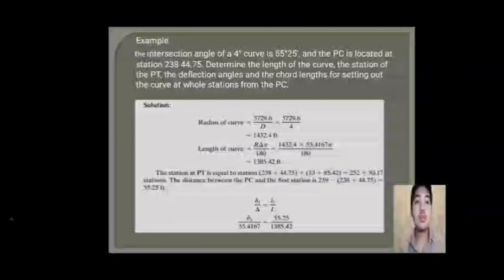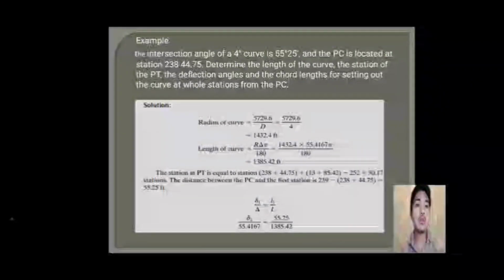The station at PT is equal to station 238 plus 44.75 plus 13 plus 85.4, which equals 252 plus 30.17 stations. The distance between the PC and the first station is 239 minus 238 plus 44.75, which equals 55.25 feet.